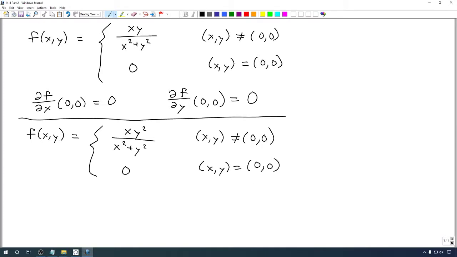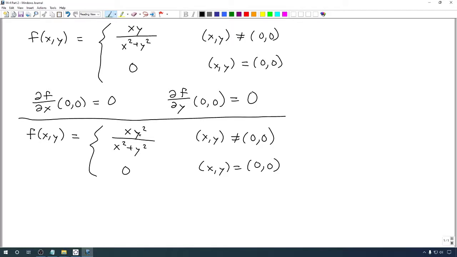We can also do the same kind of thing for partial derivatives. Do I want to actually work out what the partial derivatives are? We can figure out the partial derivatives pretty easily at the point (0, 0) without having to do the differentiation itself, because remember, we're just plugging in zeros for x and y.